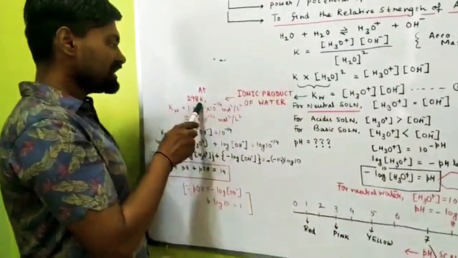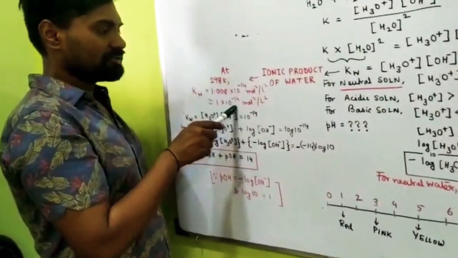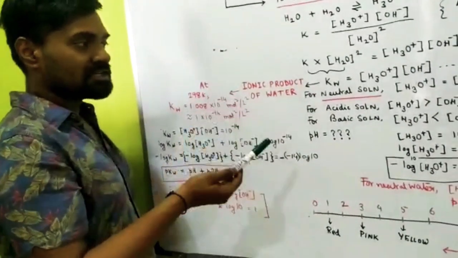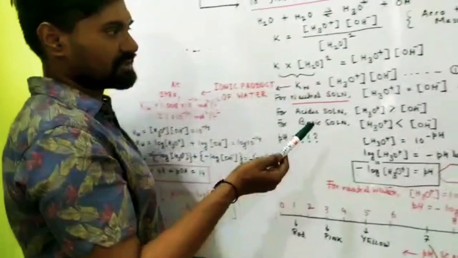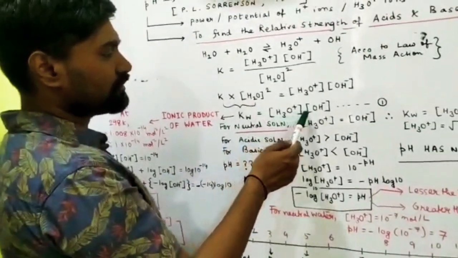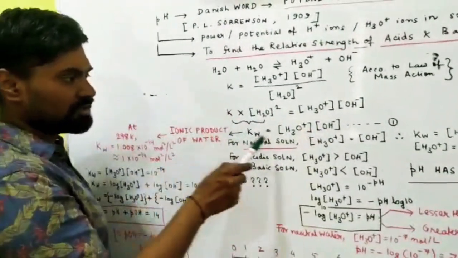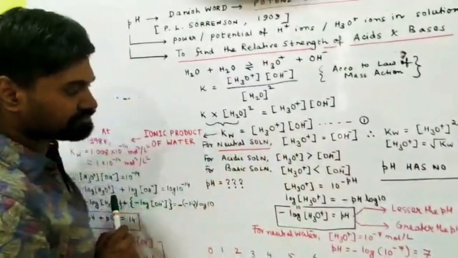Now at 298 Kelvin, the value of Kw is approximately 1 into 10 to the power minus 14 mole square per liter square. With increase of temperature, this value increases because the dissociation increases. So the ultimate equation becomes Kw equals H3O plus into OH minus. Now, why is it called the ionic product of water? Because it gives the product of the ions. Let it be equation 1.